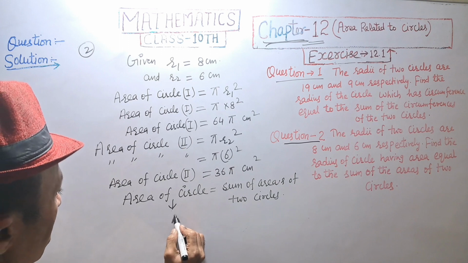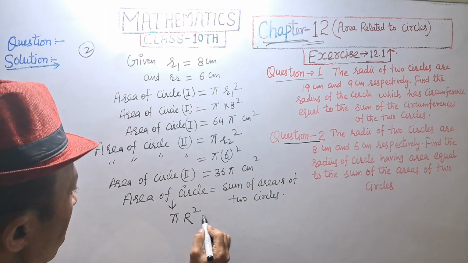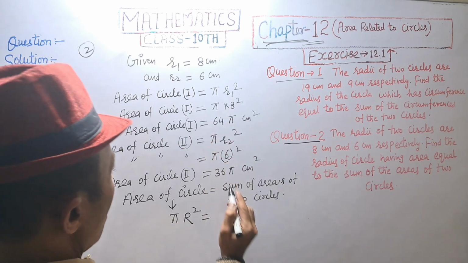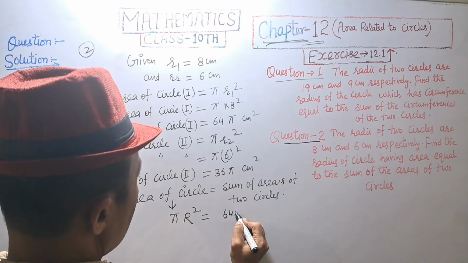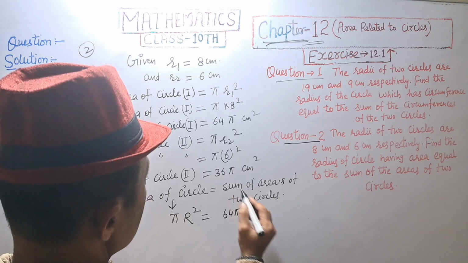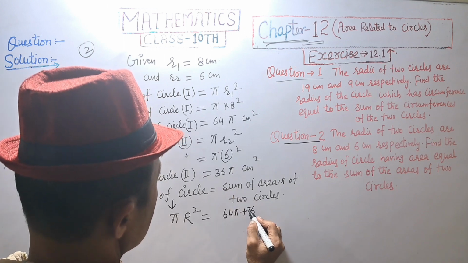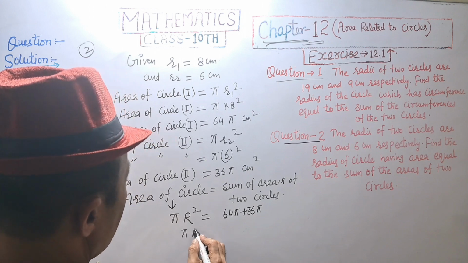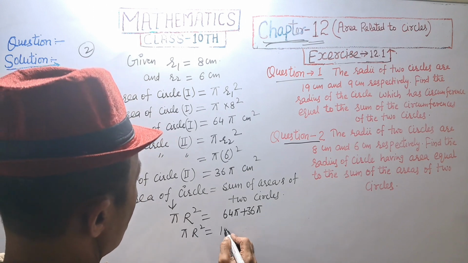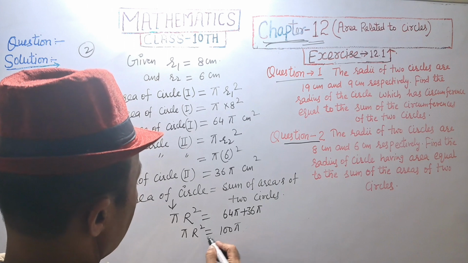Area of circle is pi r square, and the sum of the areas of the two circles is 64 pi plus 36 pi. Pi r square is equal to 100 pi.